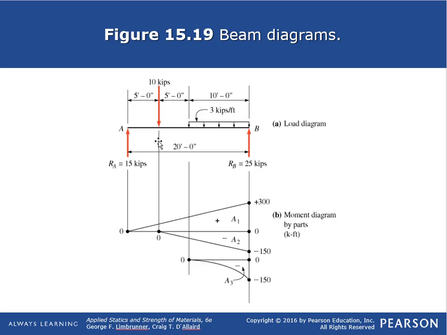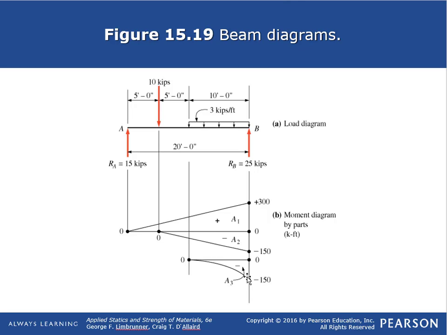Now, where this 10 kips is, we have a 0 moment at this point, but that increases to negative 150. Negative because the load is pointing down. The 150 comes from the 10 kips, as shown here, times the distance to point B, which is 15 feet. And then over here we have 3 kips per foot.